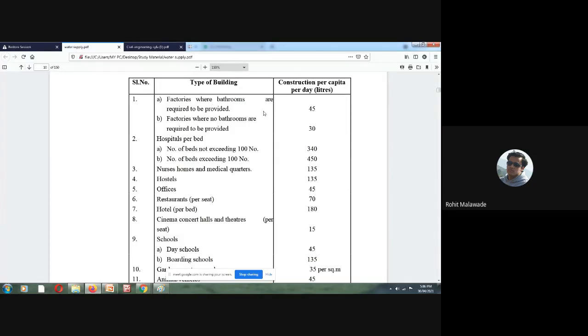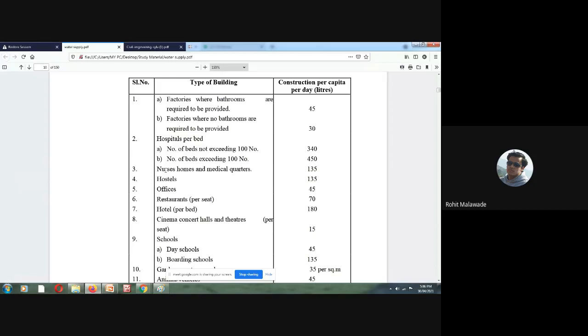First, factories where bathrooms are required to be provided need 45 liters per person per day. Hospitals with number of beds not exceeding 300 need 340 liters per person per day, and with beds exceeding 100, 450 per capita per day.